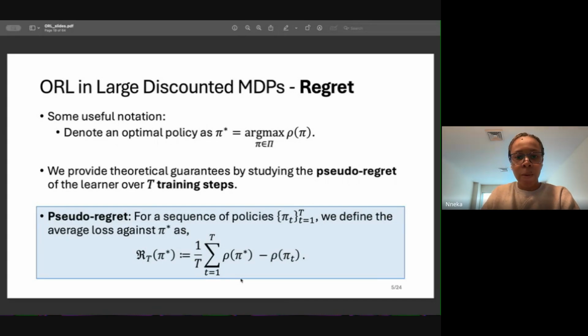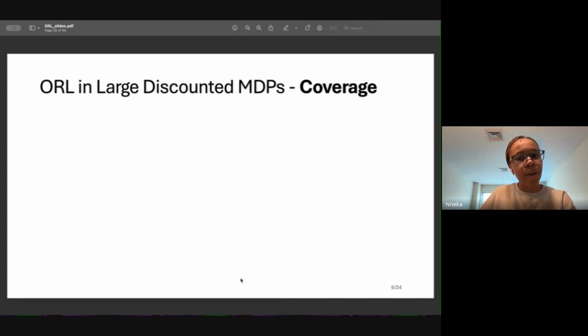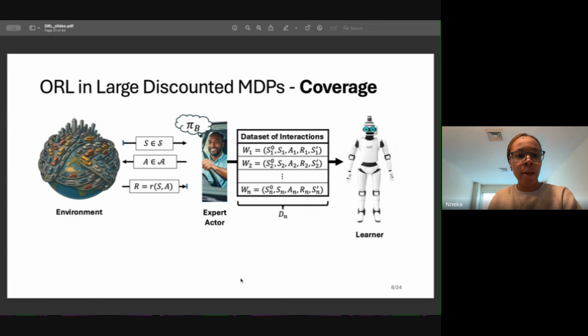Okay. So another important concept in offline reinforcement learning is what we call coverage. To simply illustrate what this means, we assume that there's just a single expert actor acting in the environment according to a behavior policy, which we denote here by pi b.